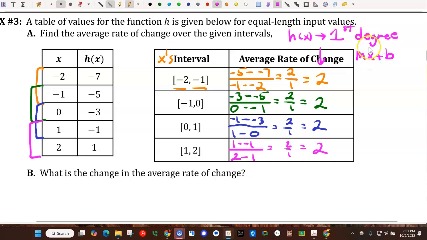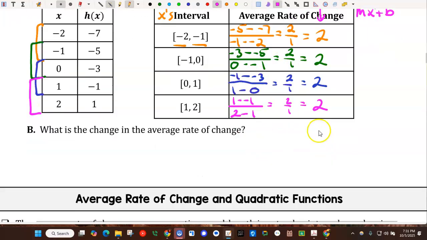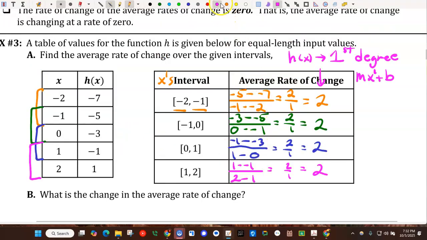It's called first degree because the exponent of x is 1. Right? So if the rates of change turn out to be all the same, and we do all this over equal intervals, meaning these numbers are all the same distance from each other, and we get those same rates of change, what does that say about the change in the average rate of change?